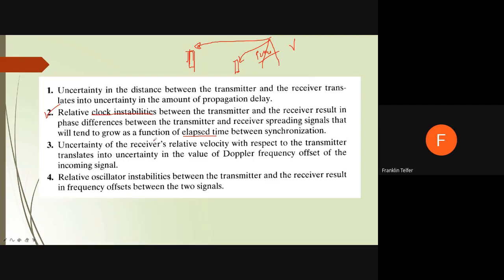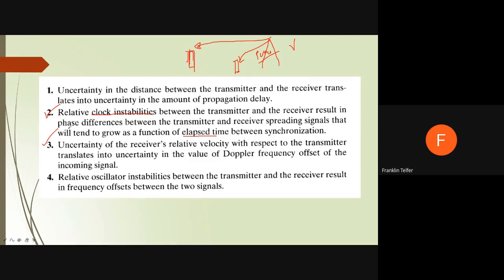The third one: uncertainty in the receiver's velocity relative to the transmitter translates into uncertainty in the value of the Doppler frequency offset. On the receiver side, the relative velocity is more uncertain with respect to the transmitter. So there is a Doppler frequency offset value, a DC offset, given for the incoming signal.